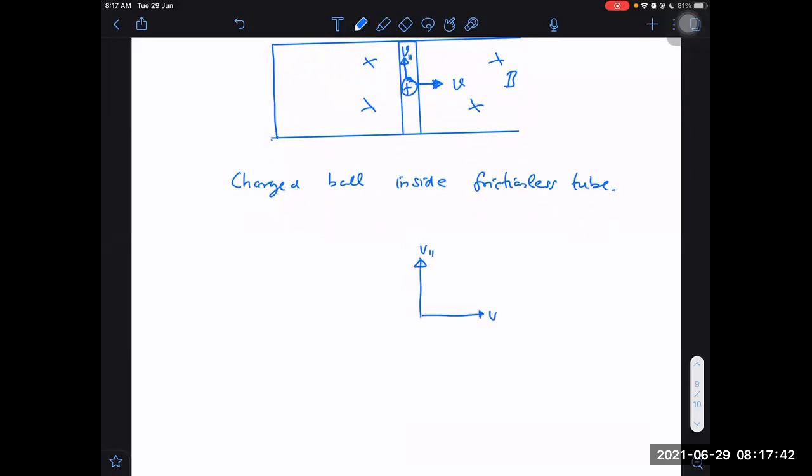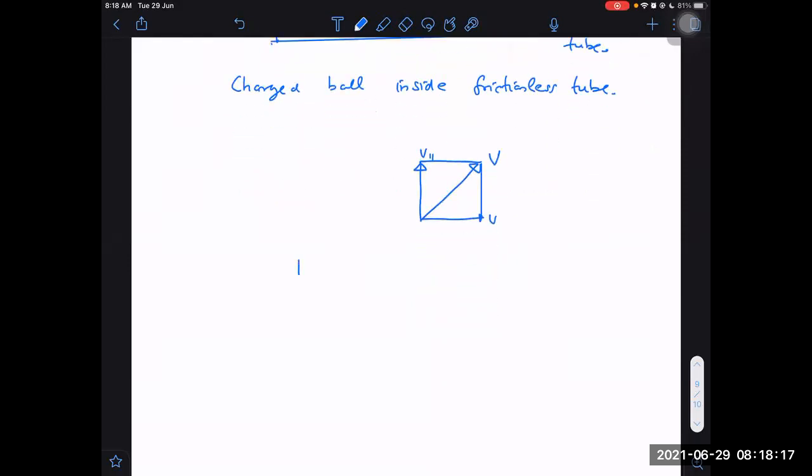The net resultant will be this side, and this V is the velocity of the tube perpendicular to its length. It is the total velocity of the tube. So the net velocity of the charge will not be this V parallel actually. We are misunderstanding. The net velocity of the charge will be V, right or not?